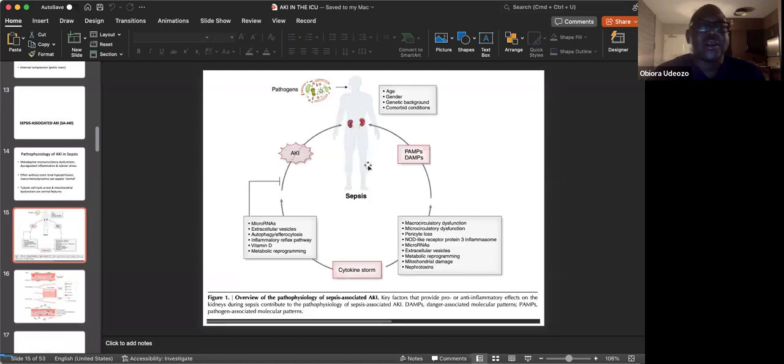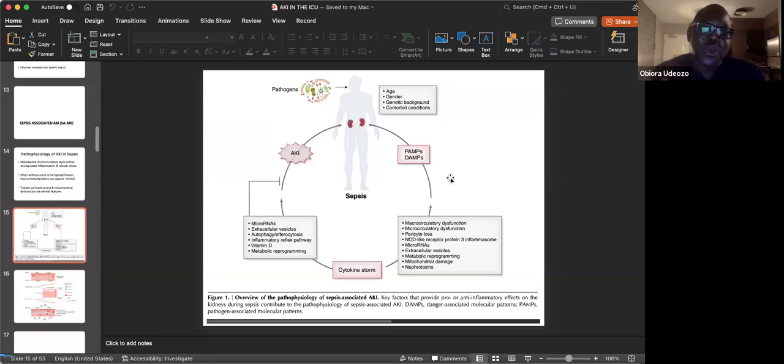I hope you all can see this. I know the screen is small, but bottom line, what's happening here is that when cells are exposed to something we call PAMPs, pathogen-associated molecular patterns. When cells are exposed to pathogens, our immune system leads to generation of PAMPs.